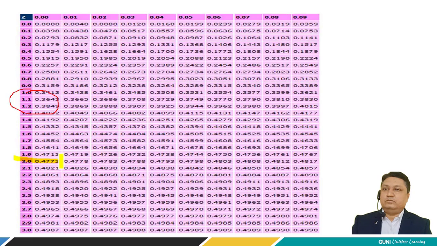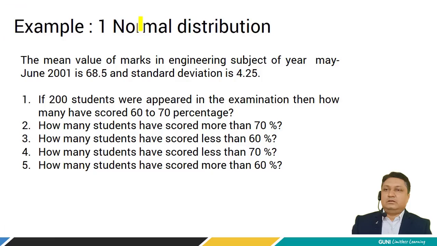For Z value 2, we can mark the area as 47.72%, and for Z value 3 it is about 0.4987. So for example purposes we can use this table to calculate the area with respect to the Z value shown in this column.